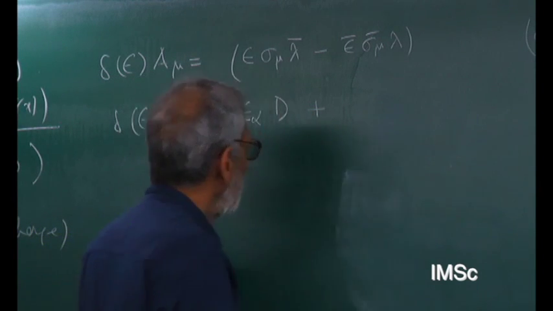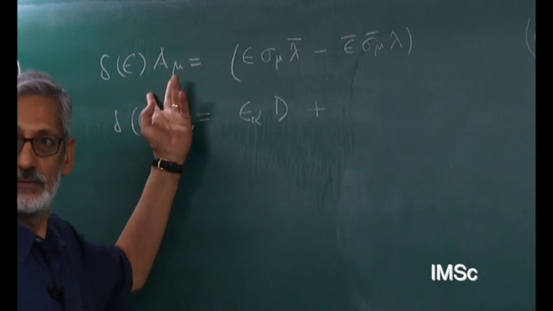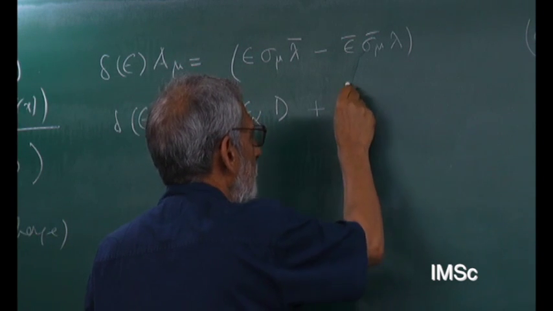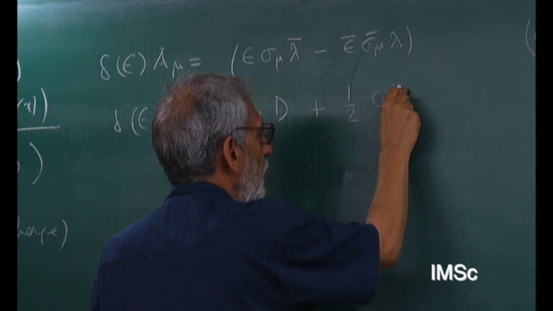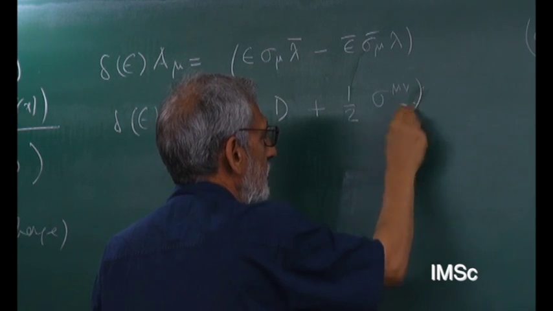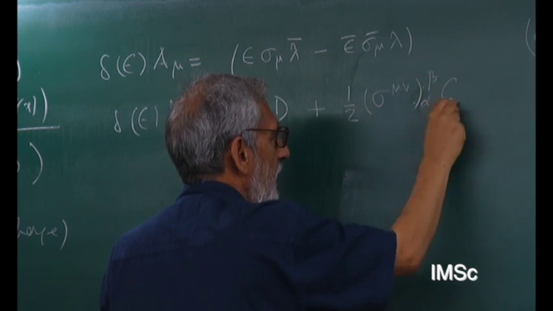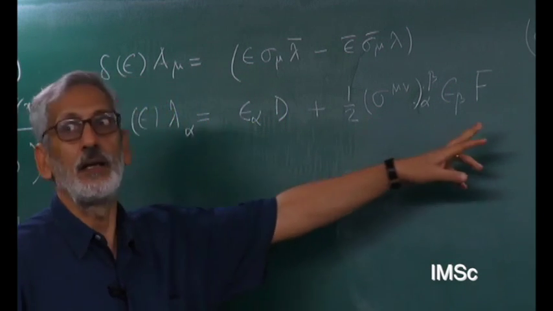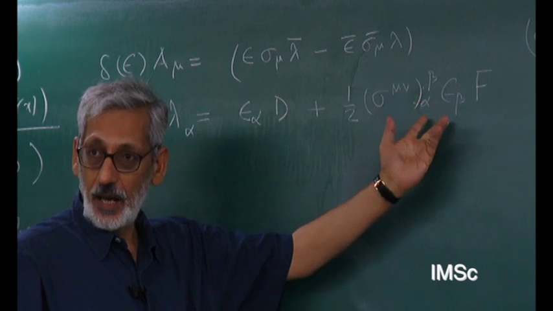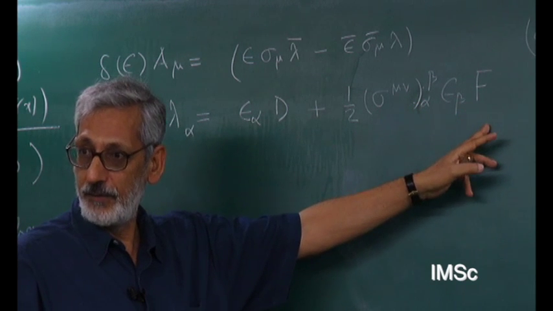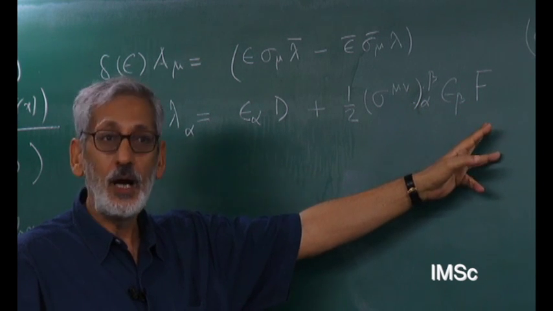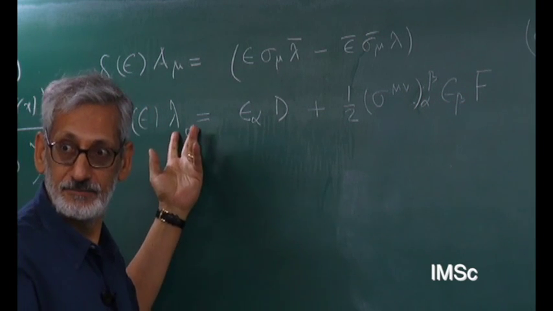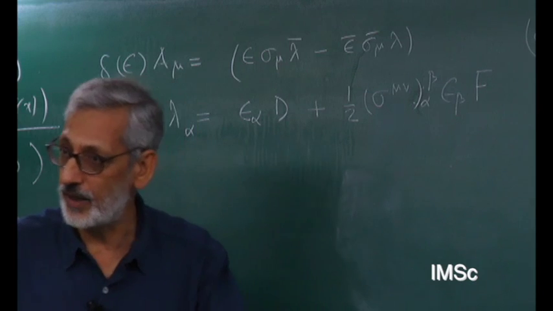And then it could also convert into a derivative of A mu. So normalization half sigma mu nu alpha beta epsilon beta times derivative of A. But this is a gauge theory, so it better be a gauge invariant derivative of A, because this has no charge. It doesn't transform under U1 transformations.